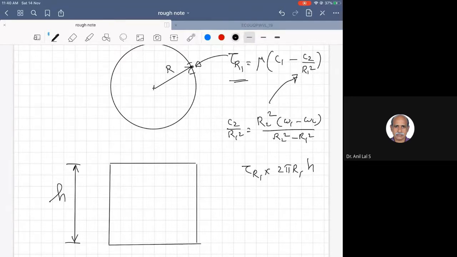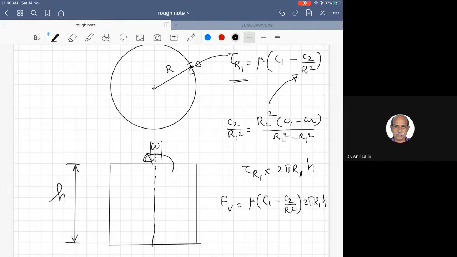This is the resisting force or viscous force. So the resisting force or viscous force is equal to mu into (C1 minus C2 by R1 square) into 2 by R1 into X. Suppose that we are rotating the inner cylinder at an angular speed omega by using a motor or something.